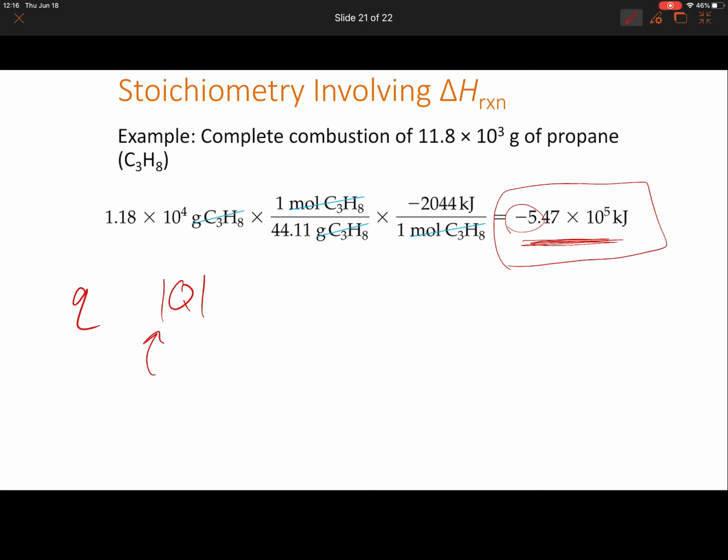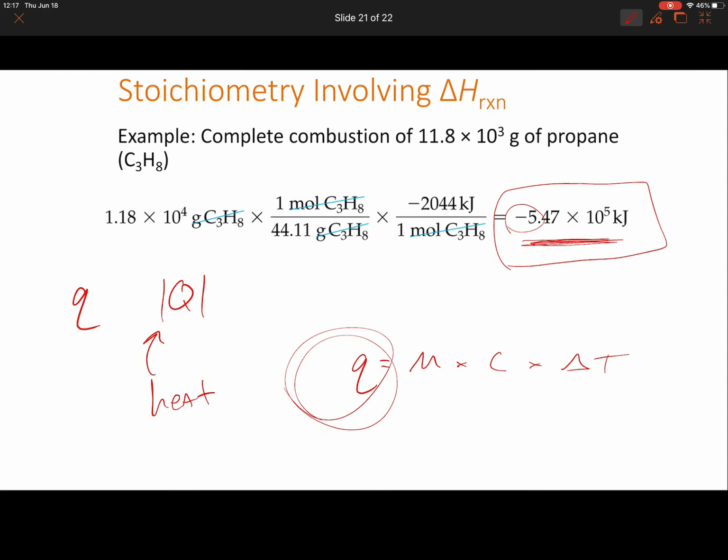Absolute value just means don't show a negative. This is often used as the symbol or sign for heat absorbed or given off. And we'll look at an equation, Q equals mc delta T, in lab. I think we've already looked at this in the heat and energy chapter, but this is why Q has always been energy, or at least heat energy. We saw it as a lowercase q, here it's a big Q.